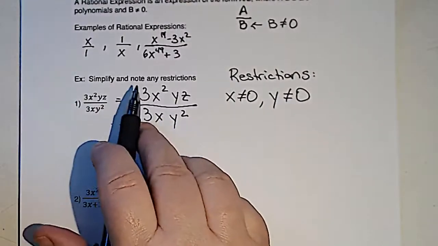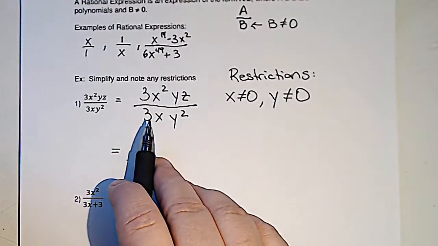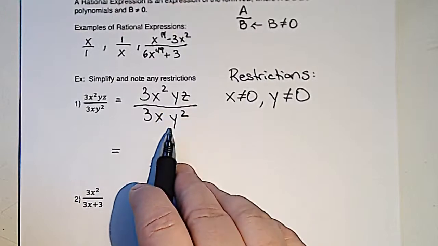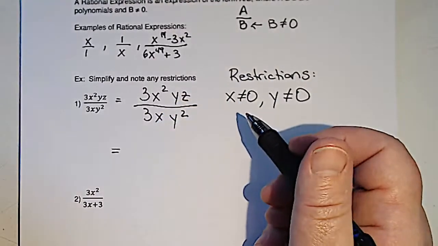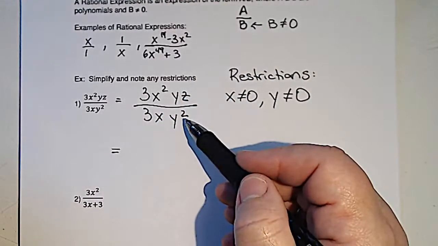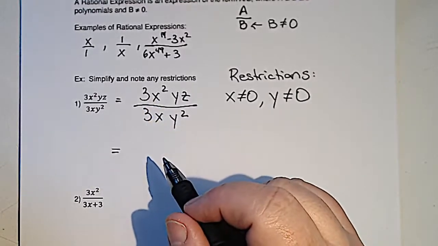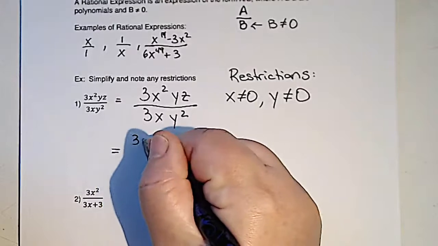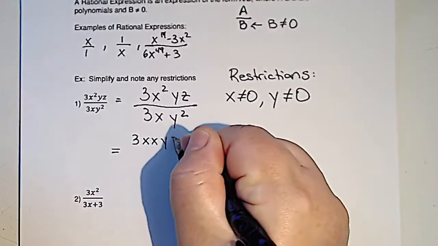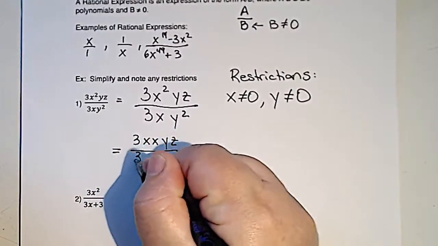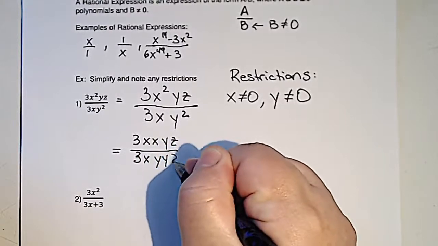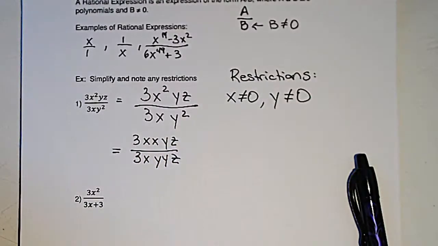Now, if I look at this, I see that I have a 3 top and bottom. I have a y top and bottom. I don't have a z in the denominator, that's a y squared. I have an x squared. To make it easier, I know this is moving backwards a bit, but let me show you what's actually happening. Some of you are looking at this going, wait a minute, I see exactly what's happening here. Let me pull out my blood red.